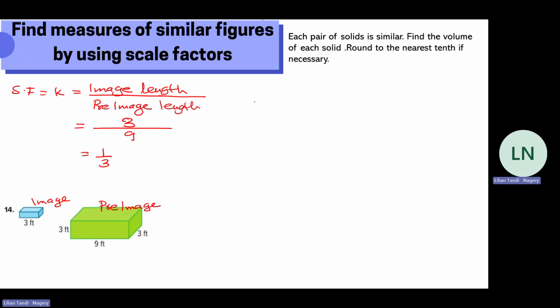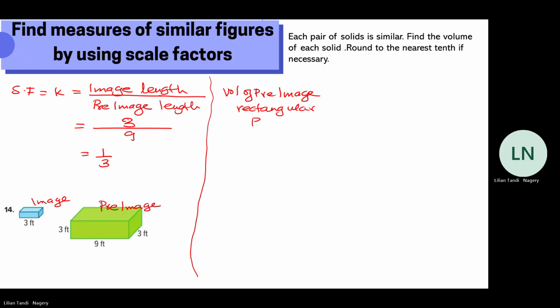All right, let's continue. So now what do I know? I need to find the volume of my pre-image. Volume of pre-image, and it is a rectangular prism. Rectangular prism is equal to base area times height, which equals length times width times height.